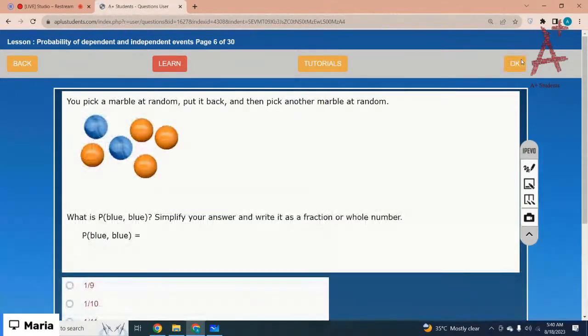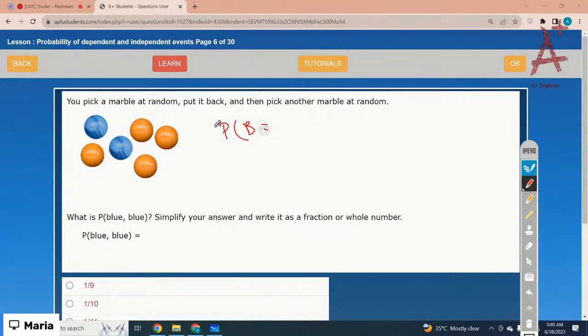You pick a marble at random, put it back, then pick another marble at random. What is the probability of blue? Okay, for the first time it would be 2 out of 6. You put it back, right? Again you have 2 out of 6.